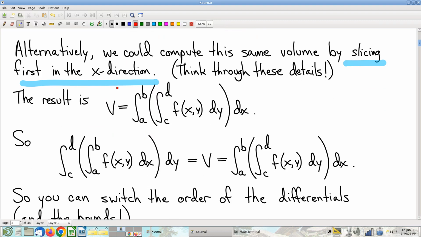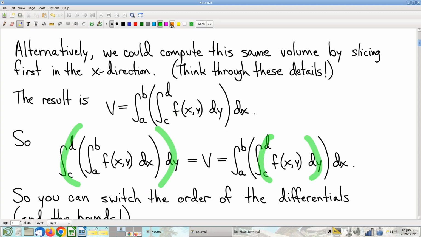And again, I think this is a really good exercise for you all to do on your own. The punchline is, all it does is it reverses the order of the integrals. What had been the outside becomes the inside. What had been the inside becomes the outside. So now, in particular, what had been the outside becomes the inside. And notice that applies both to the bounds and to the differentials.